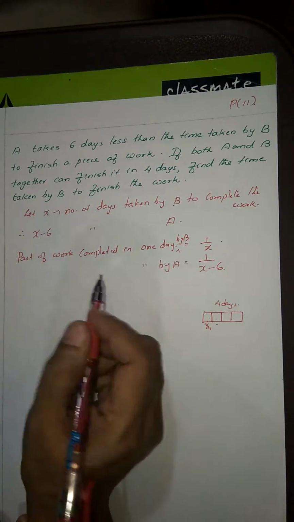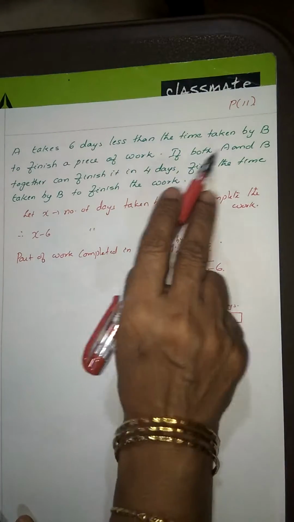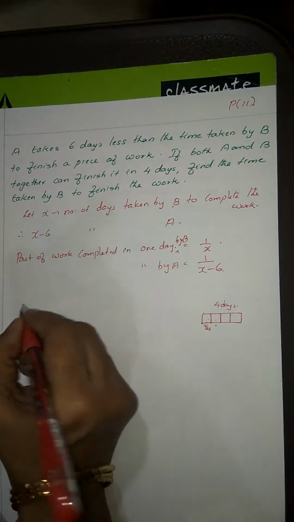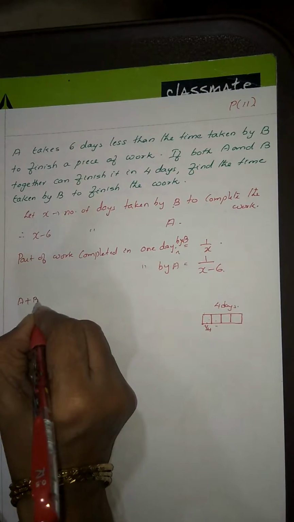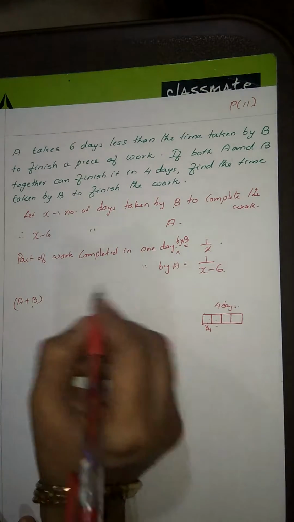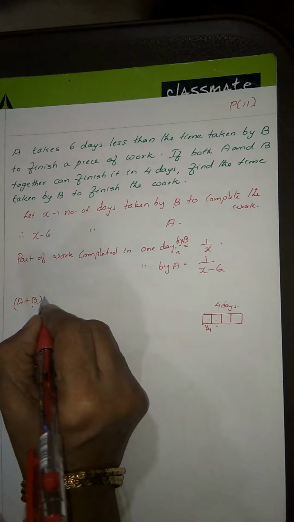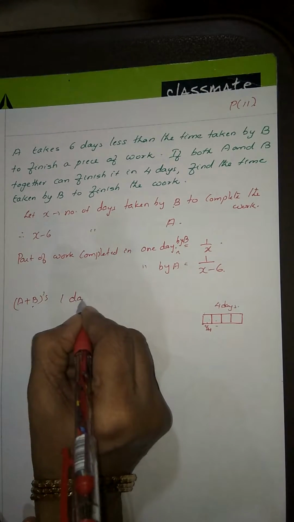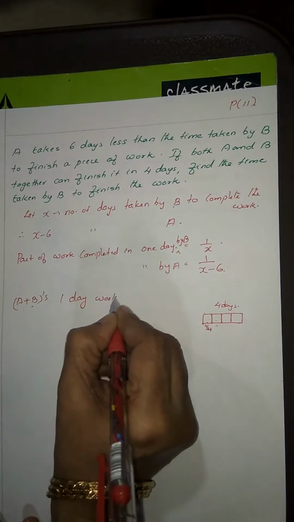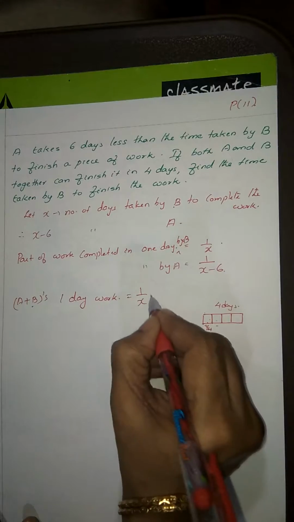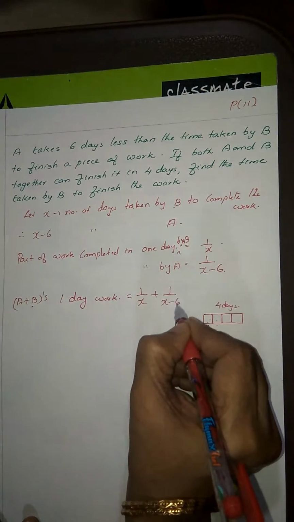Now the question is A and B together can finish it in 4 days. Now we will write A and B's 1 day work together. You have to add 1 by x plus 1 by x minus 6.